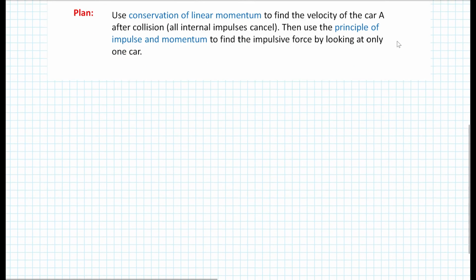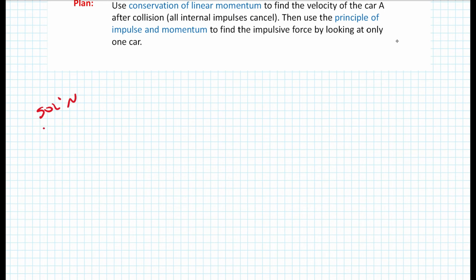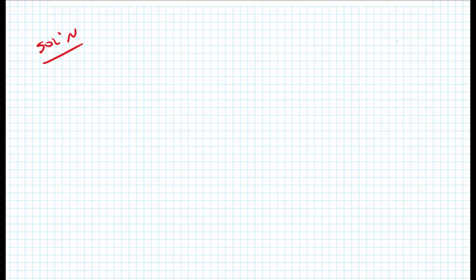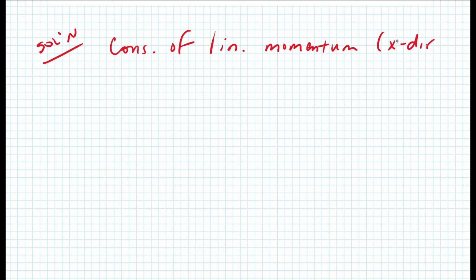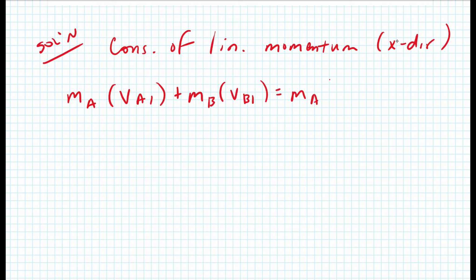All right, let's take a look. We're going to use the conservation of linear momentum in the x direction: m sub A v sub A1 plus m sub B v sub B1 equals m sub A v sub A2 plus m sub B v sub B2.